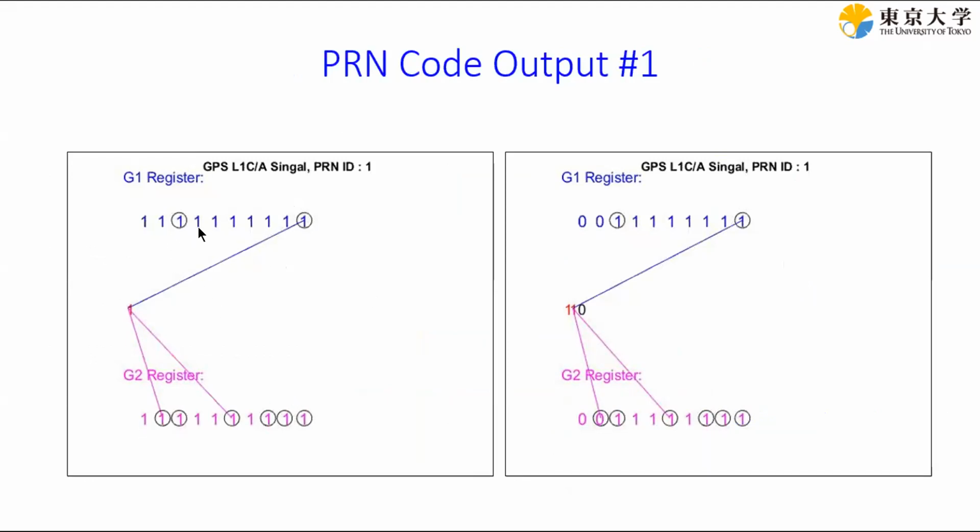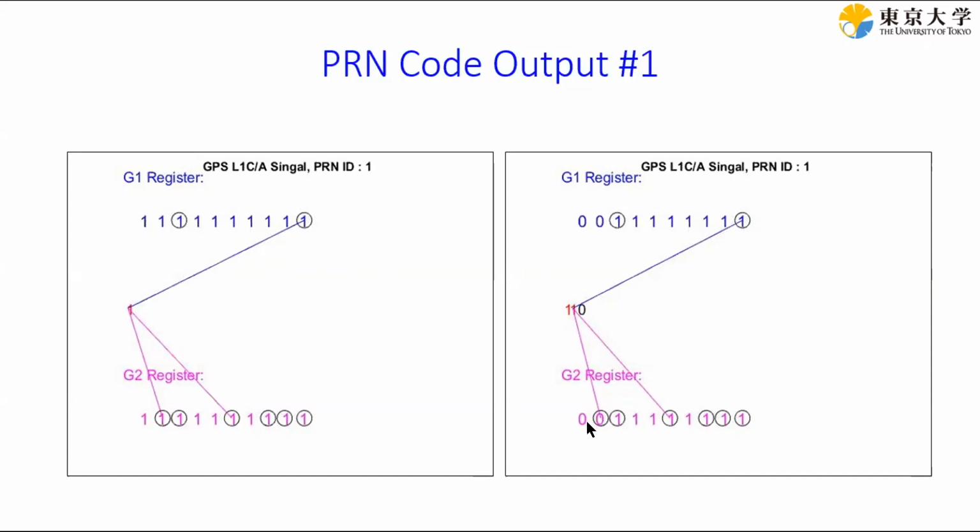So you see 1, 1, 1, 1, 1, but in the very first case, you always take the last bit of here as the output of the PRN code. This is 1. And after doing this, you take these combinations of these 2 bits, 1, 1, 0, 1, 1, 0, and this is after a few steps.